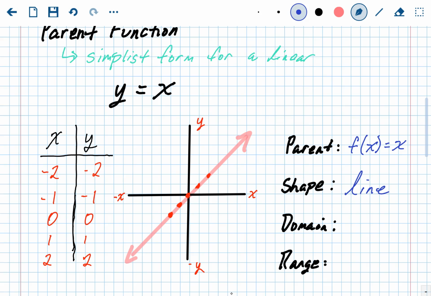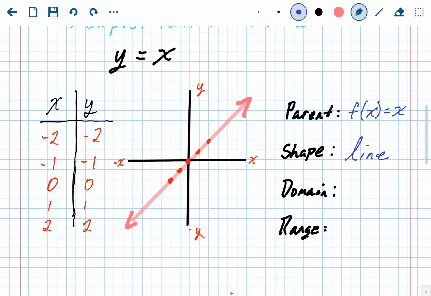Domain and range. So remember, domain is how far left does the graph go and how far right does the graph go. And range is how far down does the graph go and how far up does the graph go. All the possible x values for domain, all the possible y values for range. Well, if you look at our graph, we have arrows on both ends. So this down arrow means it's going to go down forever and left forever. This up arrow means it's going up forever and left and right forever. So that means both of these, domain and range, is going to be all real numbers.